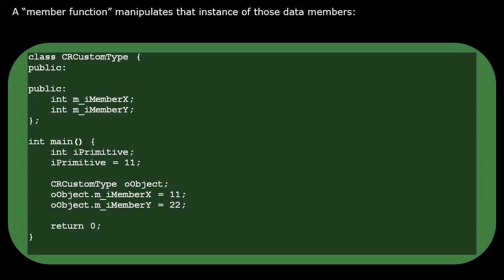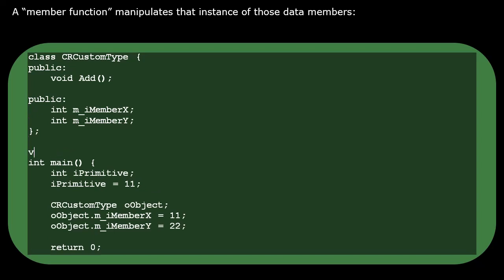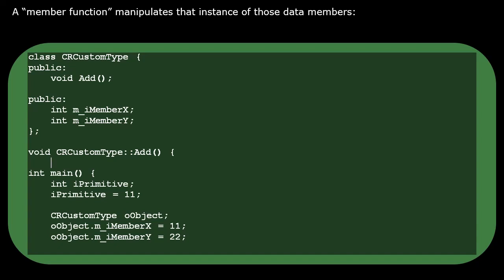Object orientation encourages us to organize our software nicely by encapsulating data members together within a class definition, along with some functions that are written specifically for manipulating those data members. These are called the class's member functions, and they are also listed in the class definition.